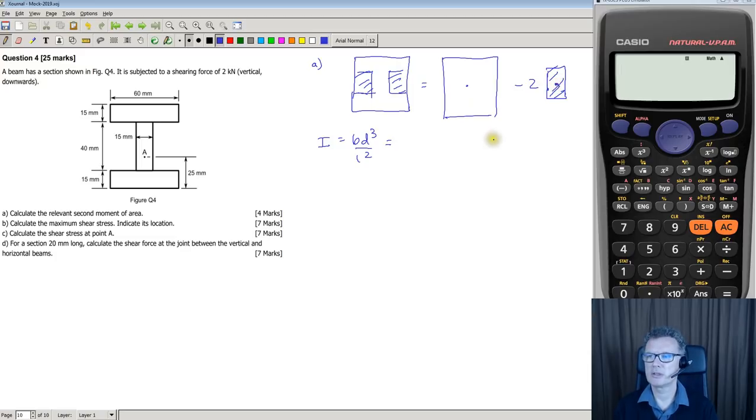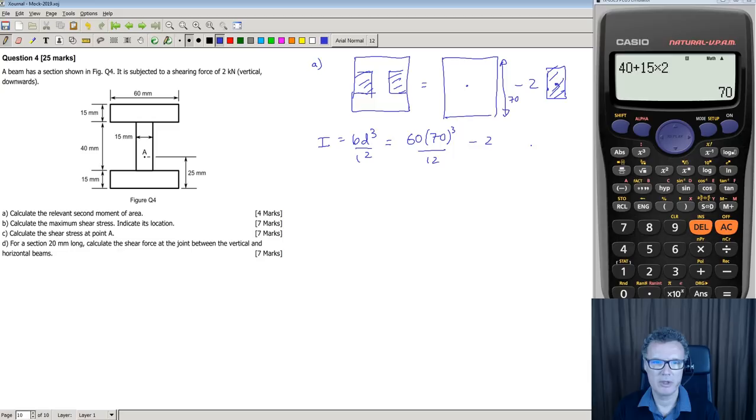So the B is 60, the D is 40 plus 15 times 2, so that's 70. And then divide by 12. And then we take away 2 of the void sections, so minus 2.